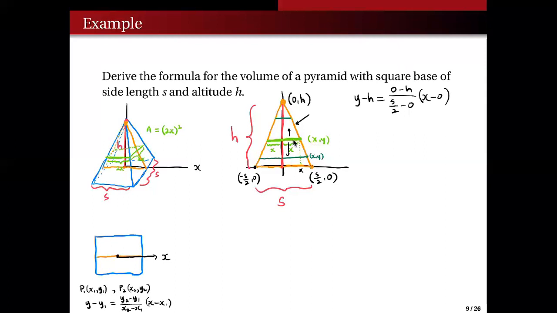Okay, so I used my P1 to be this, I used the P2 to be this. So if we follow that, we will end up with this equation. If we simplify this, we will get the following equation. y minus h equals negative 2hx over s.